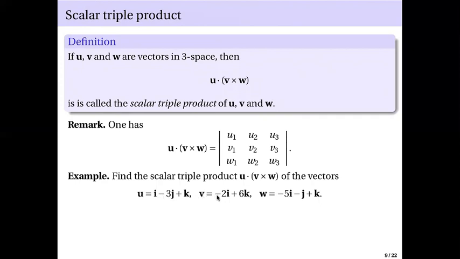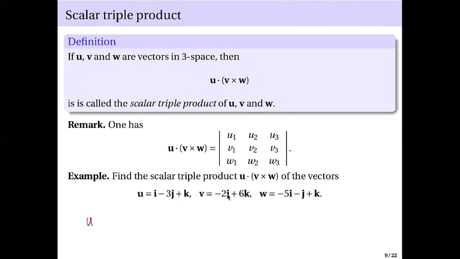Your v is equal to negative 2i plus 6k. Your w is negative 5i minus j plus k. Look at v, there is no j, meaning the coefficient of j is 0, meaning the second component of v is 0. So you have to spot that.